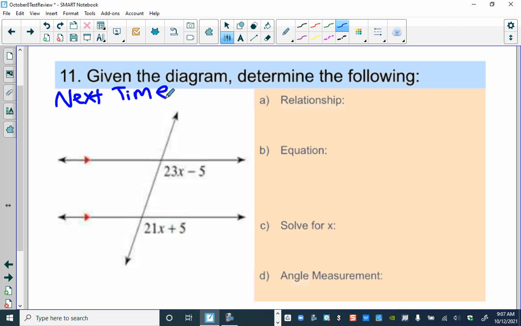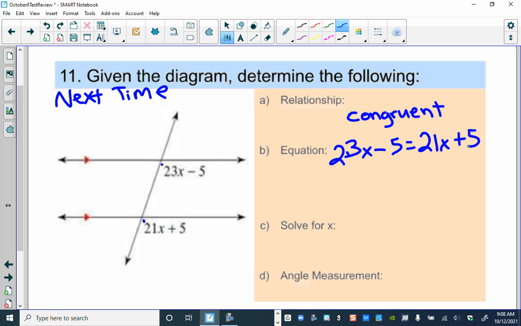Now, who could tell us what's the relationship between these two angles? Who could take a guess? They're going to be congruent, but why will they be congruent? You're right, Noe. They're congruent. So you can set the 23x minus 5 equal to 21x plus 5.